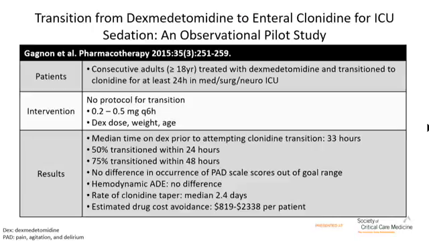Patients were tapered off of clonidine within around 2 to 2.4 days, as well as the authors did also estimate some potential drug cost avoidance by switching to a much more economic agent earlier on in patients.